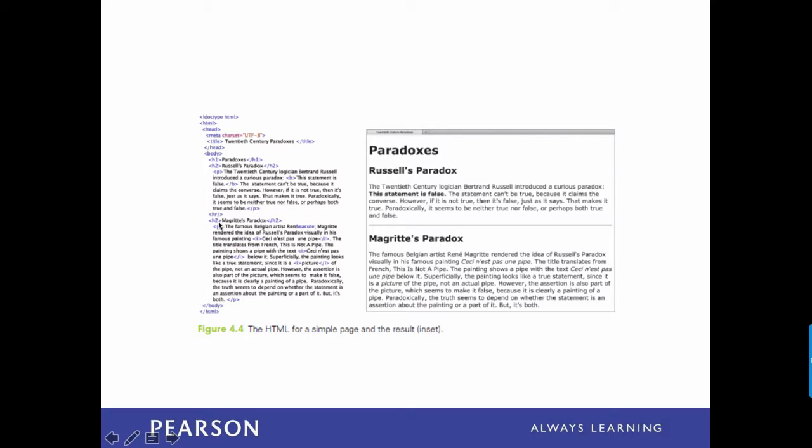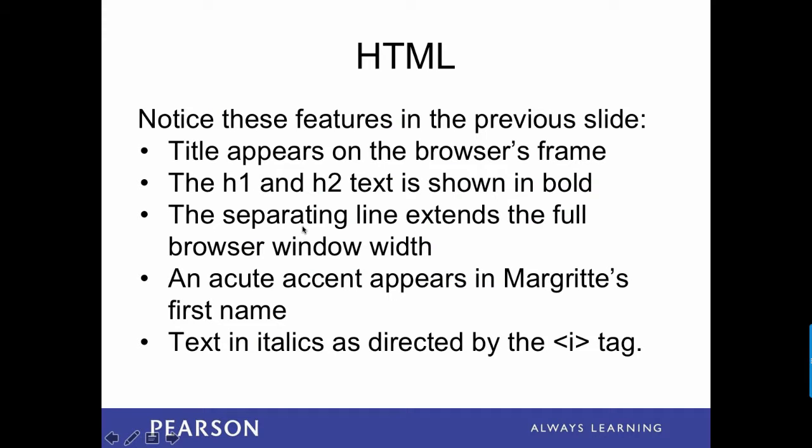I don't see it. Maybe you can see it, but I don't. Oh, right here, the famous Belgian artist. See René? I was looking at the wrong thing. René here has the E with the accent mark above it, and here is the HTML entity. So that's a little misleading.